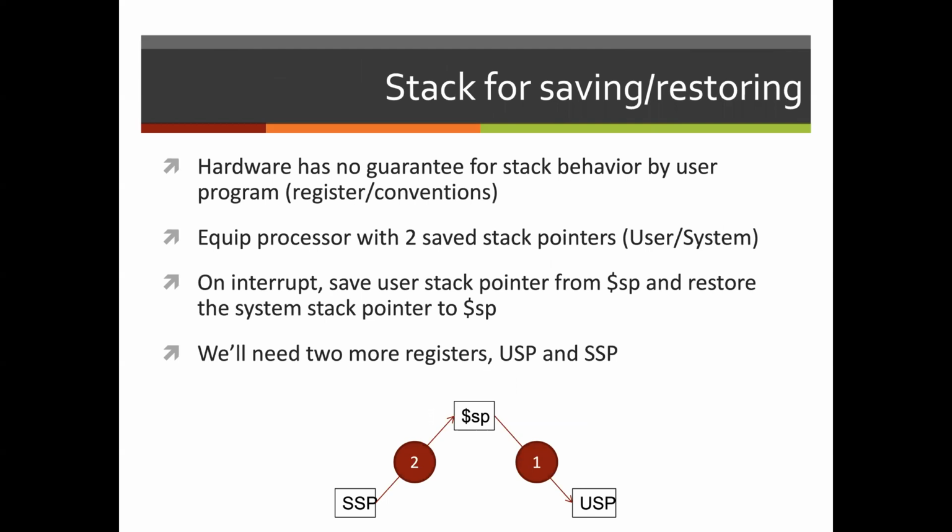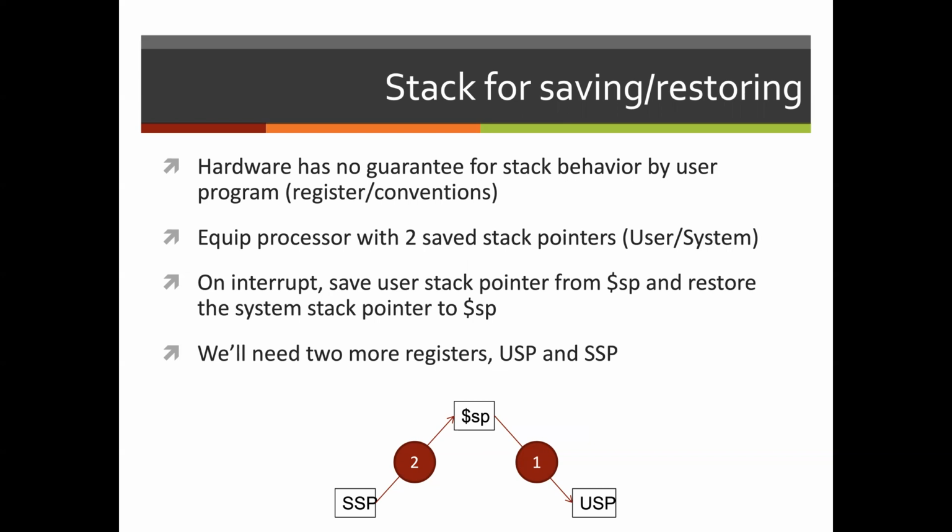And so making use of the stack for saving and restoring, there are some things that we want to keep in mind. Hardware is not going to guarantee the stack behavior by the user. And so we can equip our processor with two saved stack pointers.